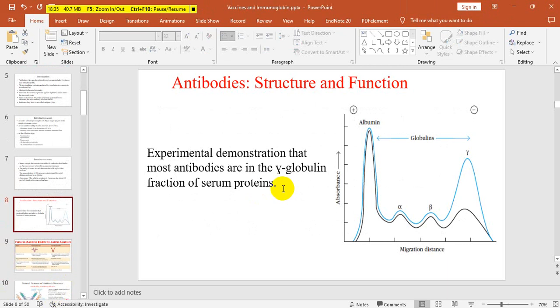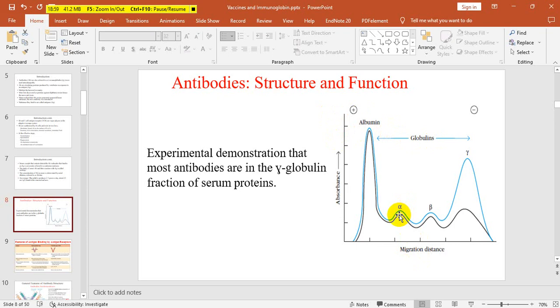The blood contains plasma proteins. Everybody has plasma proteins in his blood. If you want to characterize or measure them, we have different types of plasma proteins. We have the albumin and the globulins.